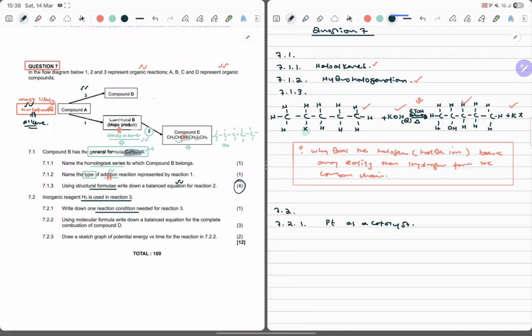Sometimes they use nickel. Nickel, Ni, can be used as a catalyst. There's 3 of them. I forgot the other one. It's platinum, nickel, or what is the other one, guys? But that's the one. We need that. Do we need heat? I'm not too sure, but I think so. Because hydrogen, again, remember, it's a diatomic molecule, so we need to break it into hydrogen atoms so that it becomes more reactive.